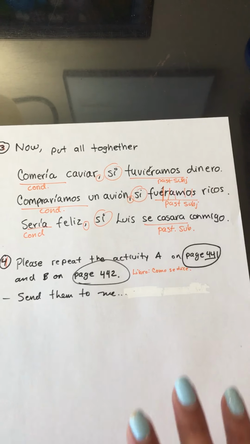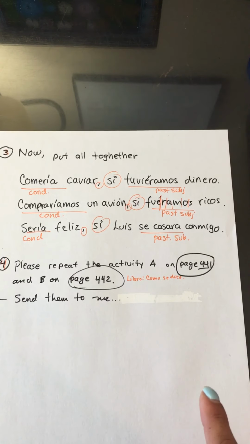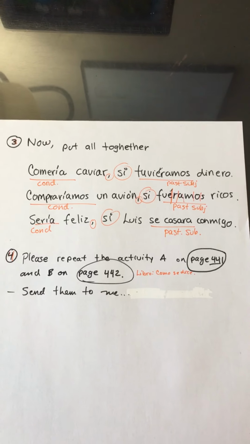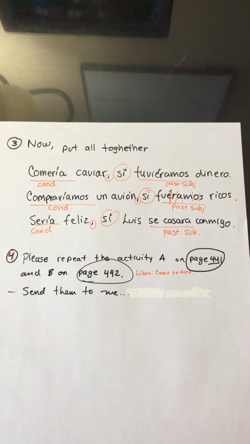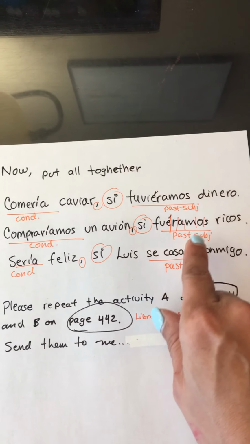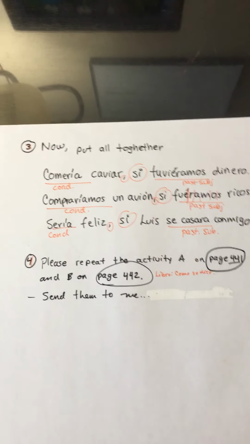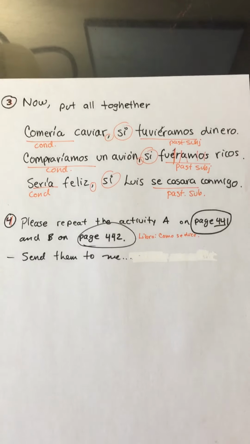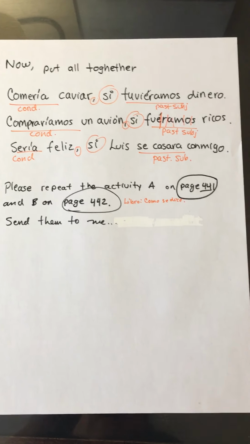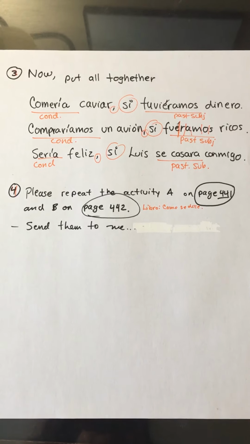But the important part is not whether you start with the conditional or end with the past subjunctive sentence, or vice versa. The thing is that you conjugate well the would part and the past subjunctive that has the ellos root. The important thing is that you conjugate your preterite verbs completely and very well.